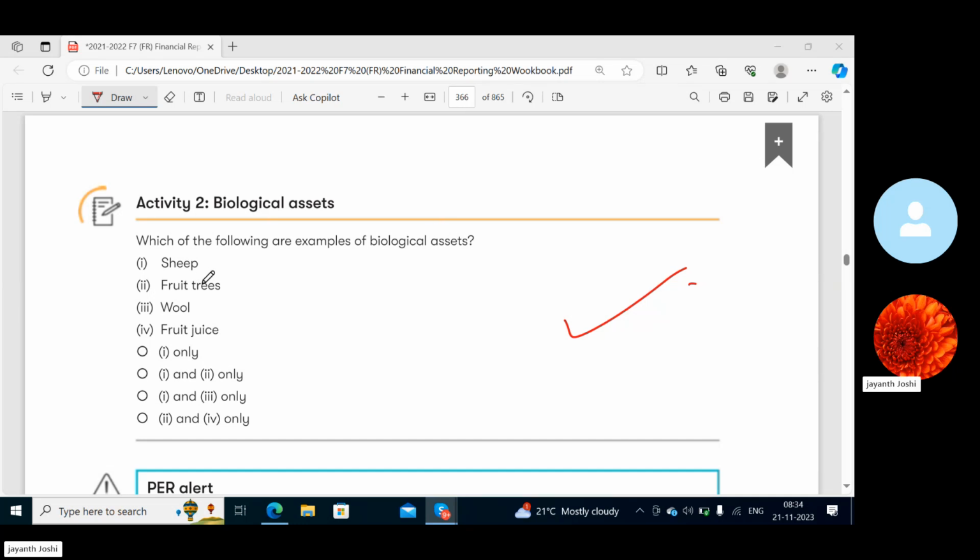So what's the answer? Which of the following are the examples of biological assets? Do you think sheep is a biological asset? Yes. Fruit trees? Yes. Wool?